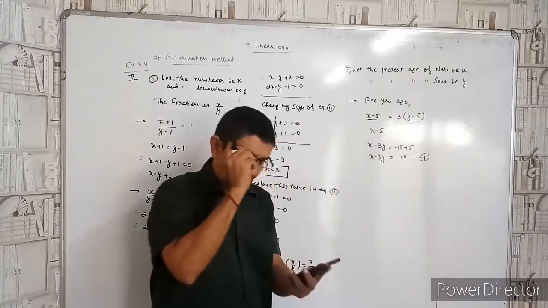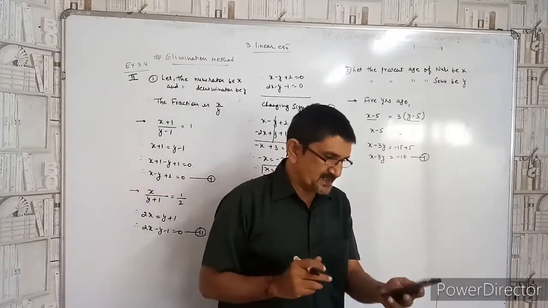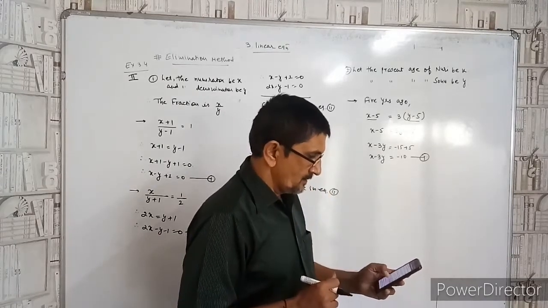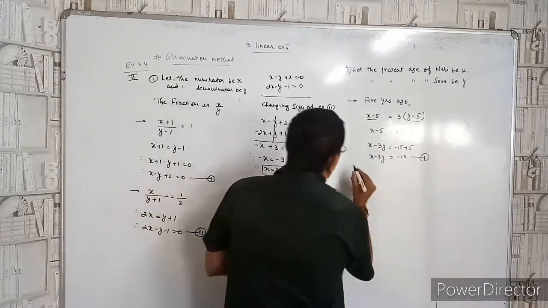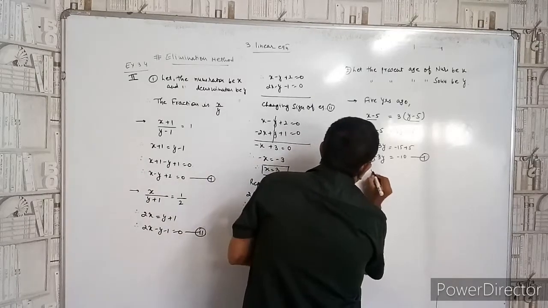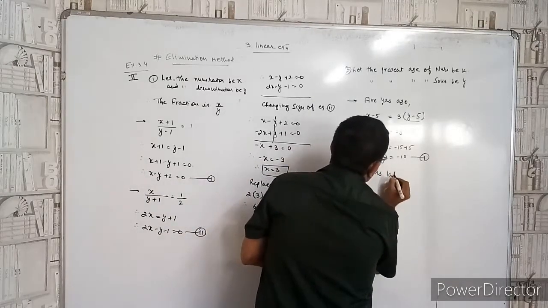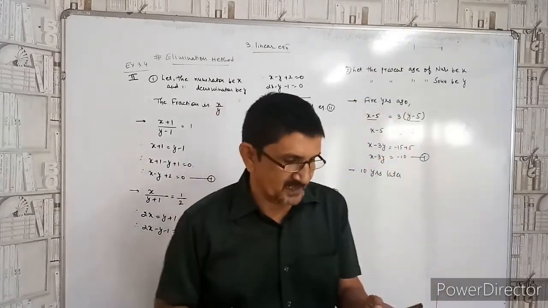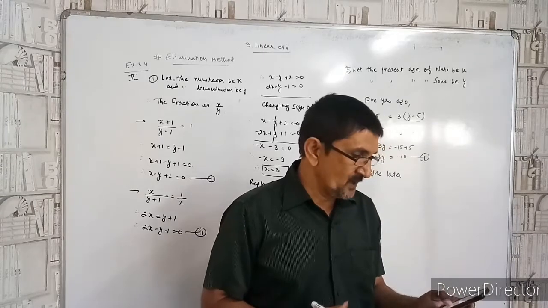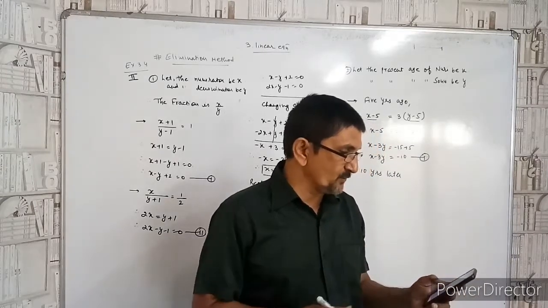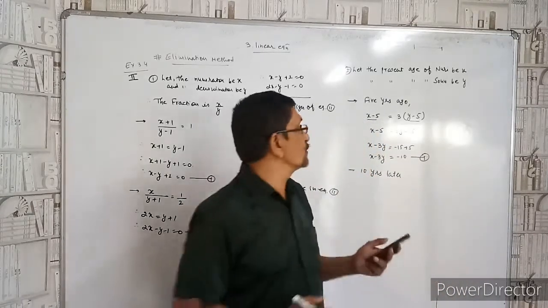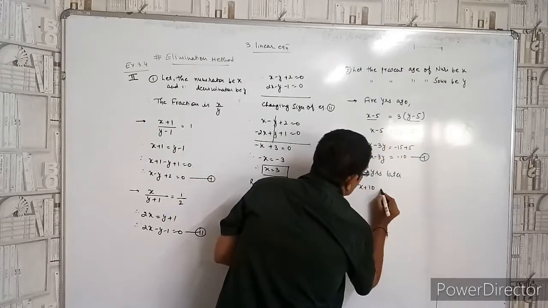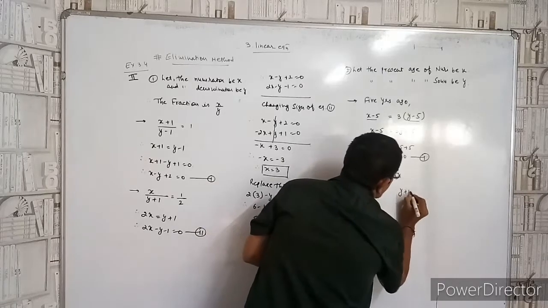Now in the second one, it is given 10 years later. 10 years later means after 10 years. What will be my age? 50 plus 10, 60. So x plus 10. 10 years later, Noori will be twice as old as Sonu. So Noori will be x plus 10 and Sonu y plus 10.